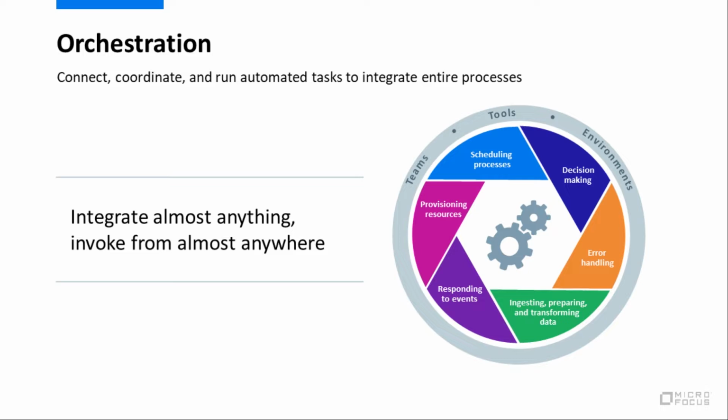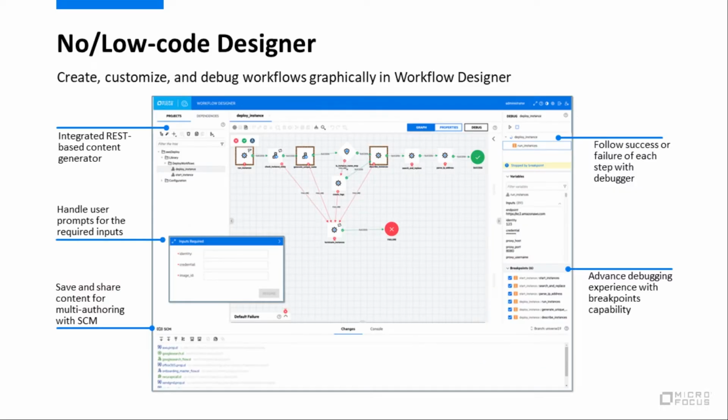So let's go a little bit and see how this workflow designer looks. We have a web-based authoring interface like the one that you see in the screenshot. And here you can access all your out-of-the-box content and create new projects. On the left side, you have the projects panel.